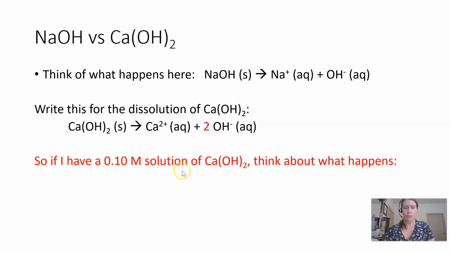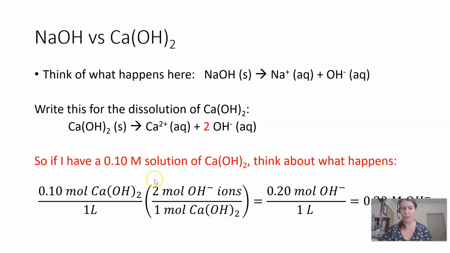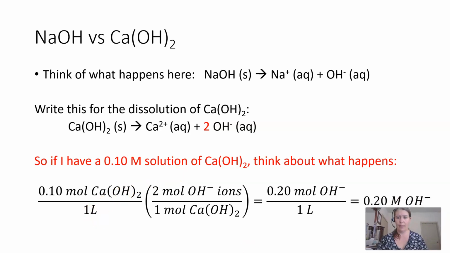If I have a 0.1 molar solution of calcium hydroxide, let's think about what would happen when this dissolves. Now, in this case, I have a little bit different situation. I have 0.1 moles per 1 liter of the calcium hydroxide. But from this formula, I can see that 1 mole of calcium hydroxide contains 2 moles of OH minus ions.